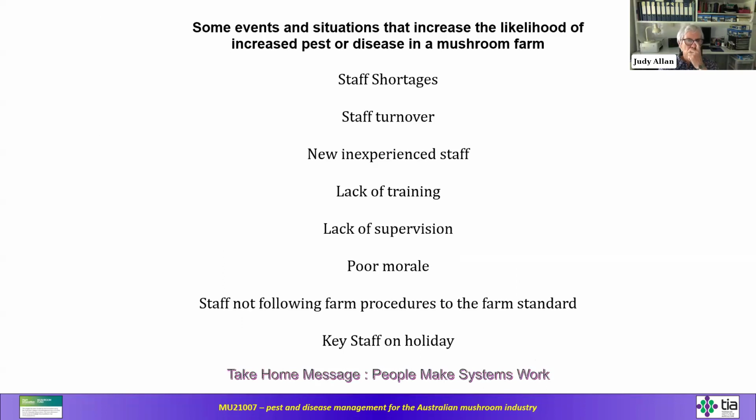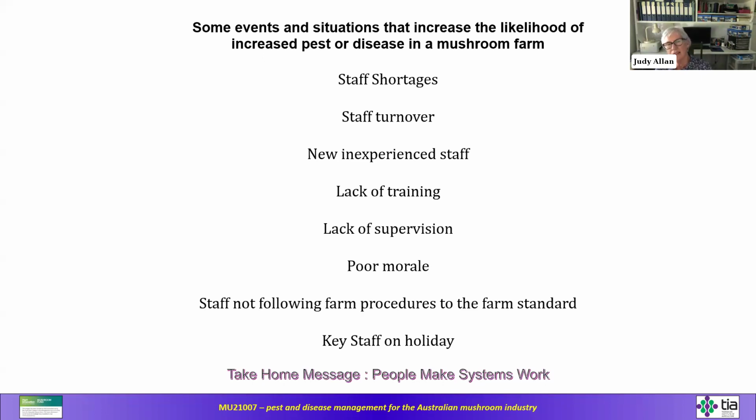So some events and situations that increase the likelihood of increased pest and disease in a mushroom farm. It could be also called, how do you make a little bit of disease a lot of disease? Well, this first list is about people, actually, and the take-home message that I have is that people make systems work. And some of the things that happen, and in the current operating climate, a lot of these are happening.